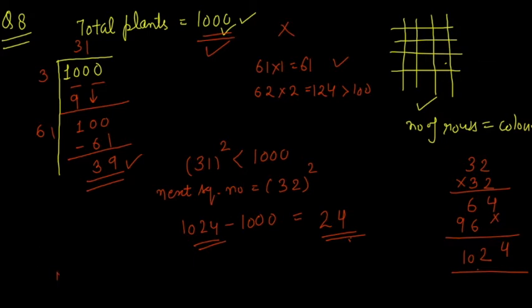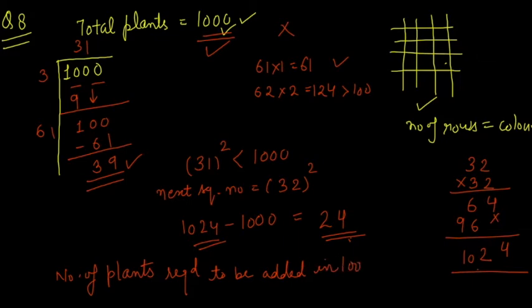Number of plants required to be added in 1000 will be how much? 24 plants. So if you get 24 more plants, you will get 1024. Then you have a perfect square number and you can place them in an equal proportion, as in number of rows will be equal to number of columns. Okay, I hope this question is clear to you.